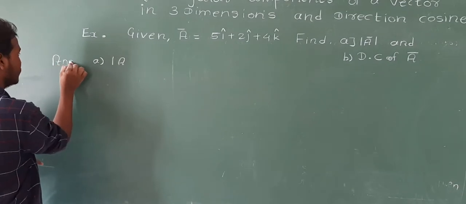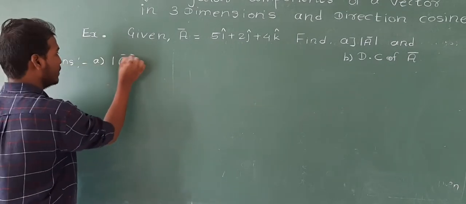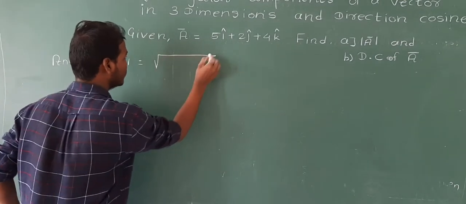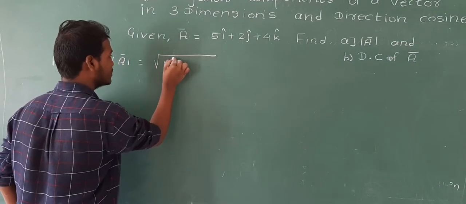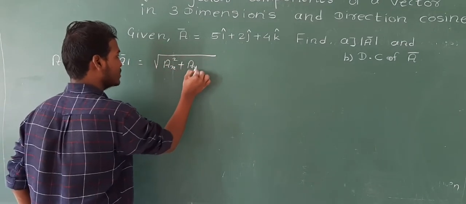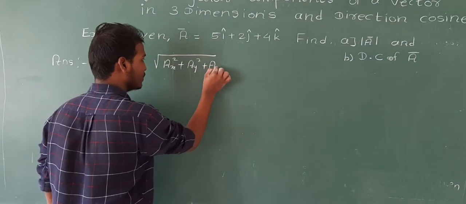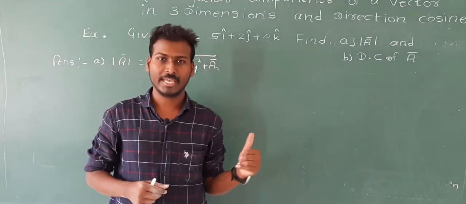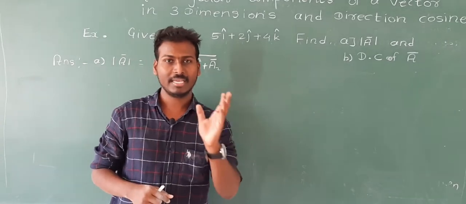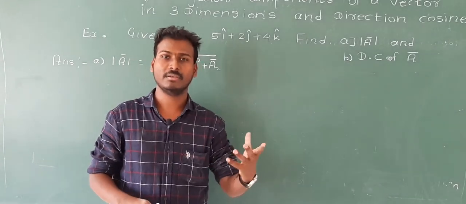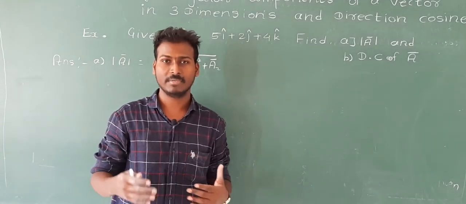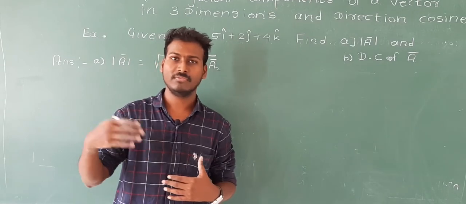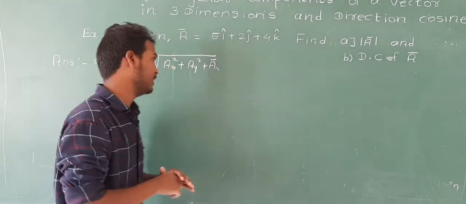Magnitude of a bar. You know how to find it: it is the square root of ax square plus ay square plus az square. Here they have given us the notation a, that's why we are taking ax, ay, az. If they had given us b, we would take bx, by, bz. The notation will change, there is no issue regarding that.